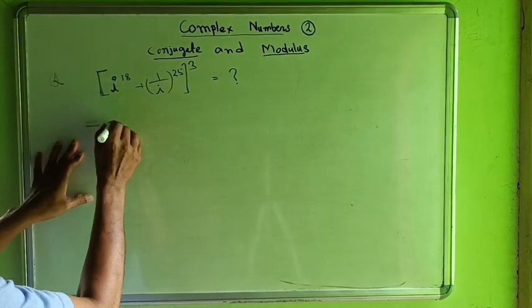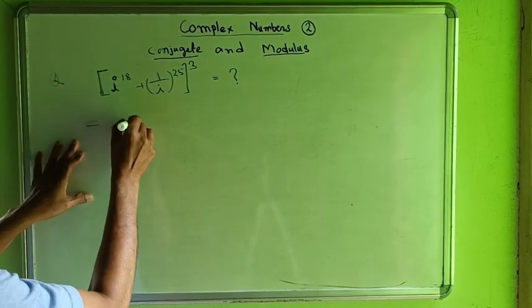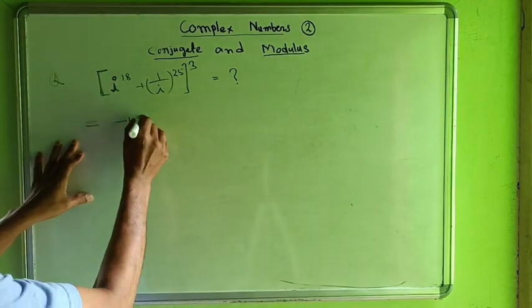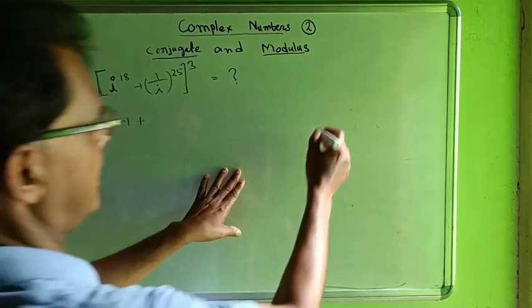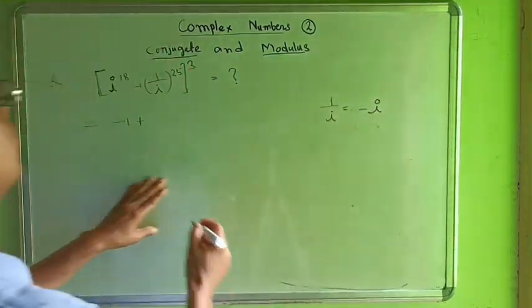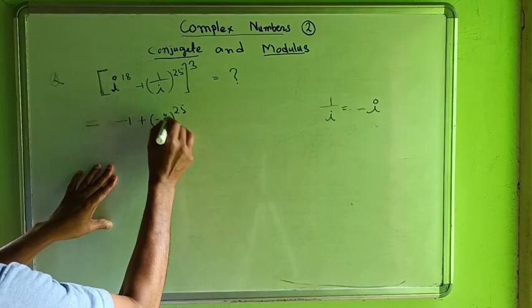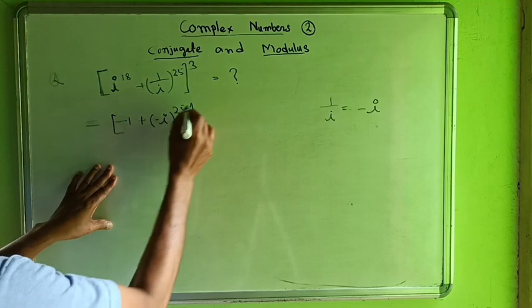That means we get minus 1. Plus 1 by i is equal to what? Already we have discussed 1 by i is equal to minus i. Therefore, we can write here (minus i) whole to the power 25, whole to the power 3.